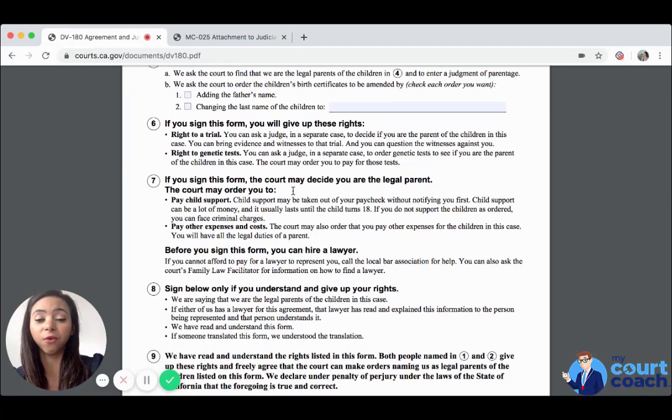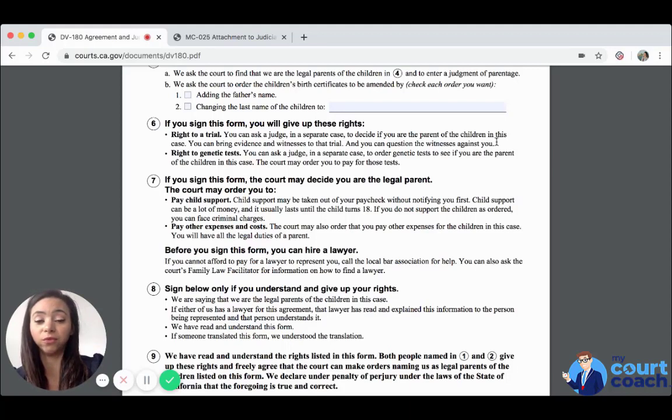If you sign this form, you will give up these rights. Right to a trial. You can ask a judge in a separate case to decide if you are the parent of the children in this case. You can bring evidence and witnesses to that trial, and you can question the witnesses against you. So if you resonate with any of these statements, then you shouldn't be signing this, because then you're actually having some doubt as to whether you actually are the father of the child.